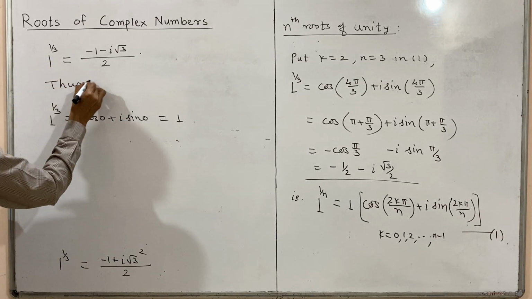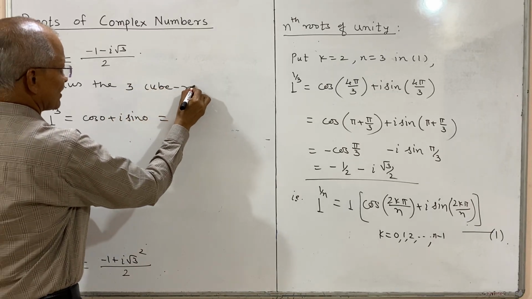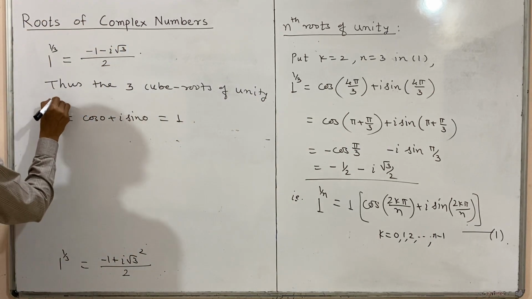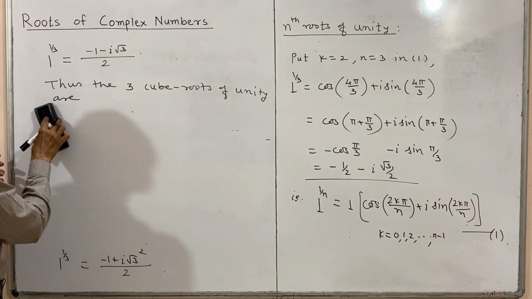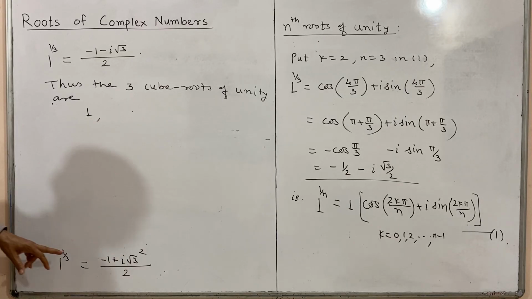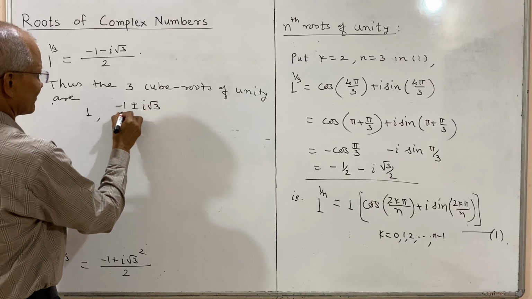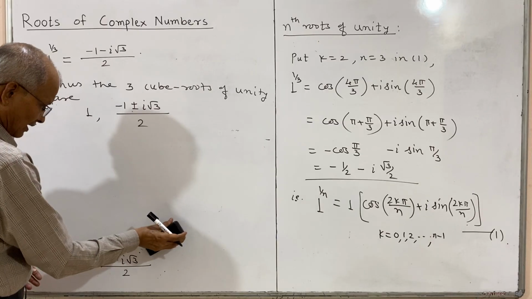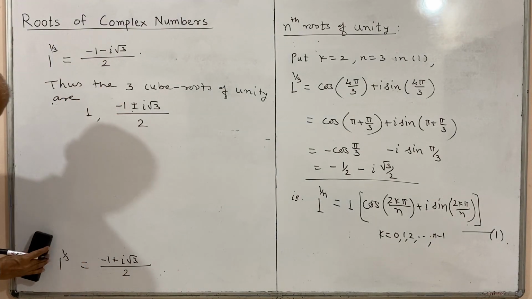Thus the 3 cube roots of unity are 1, comma, minus 1 plus i root 3 divided by 2, and minus 1 minus i root 3 divided by 2.